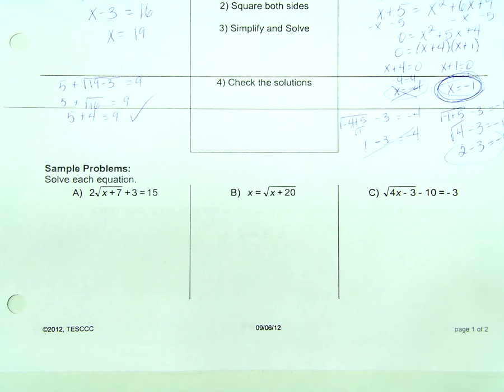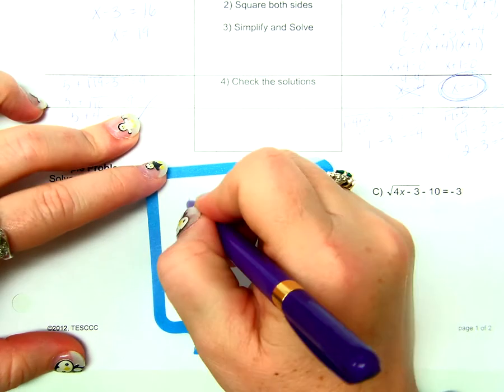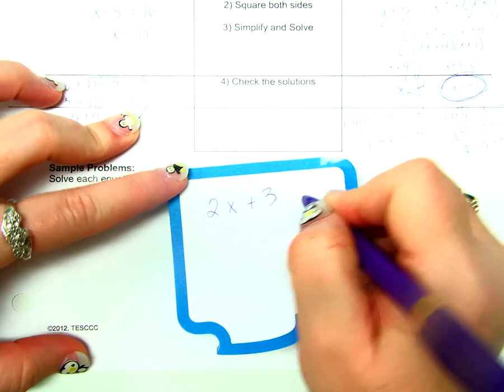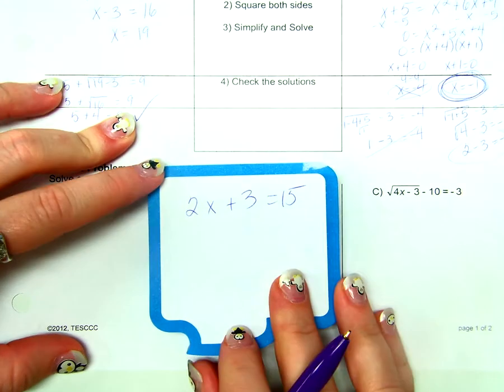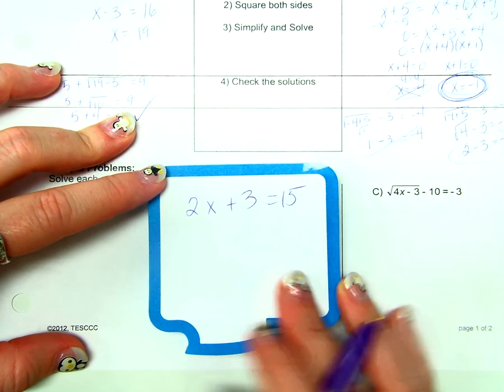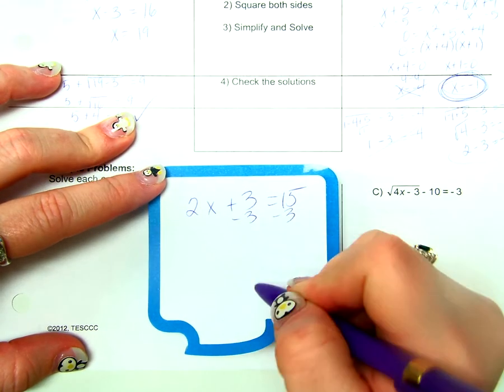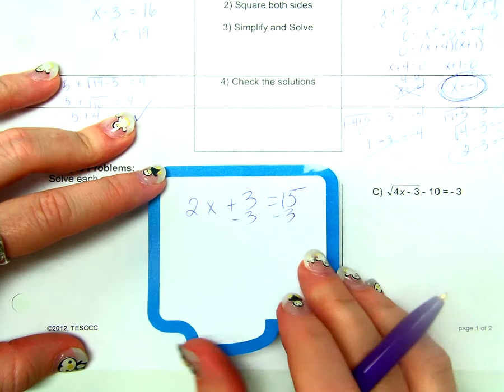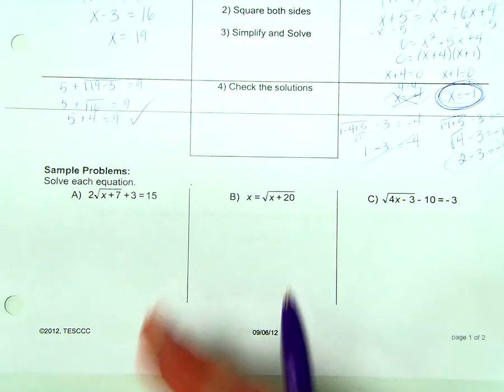No, you can't. Guys, listen to me. Don't make this harder than it is. If this was 2x plus 3 equals 15, what would I do first? I would subtract 3 and then divide by 2, right? We're doing the same kind of thought process here.